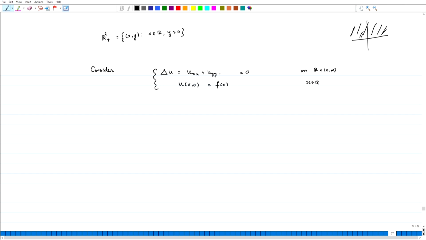Okay. So, again we play the game of Fourier transform by taking the Fourier transform in the x variable on both sides.